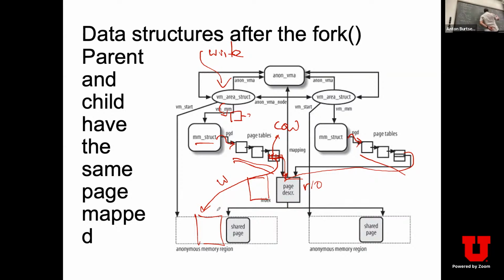Are they staying within the same VMA and anon VMA? Probably yes, it's just fine. But what happens if you fork a couple of times, and this guy again forks? This one already has a page in a writable condition, for example, this one is writable because it already wrote in there. This one still stays read-only.